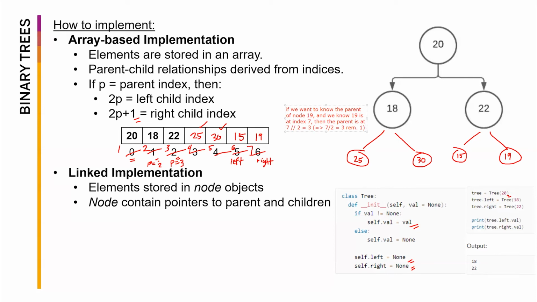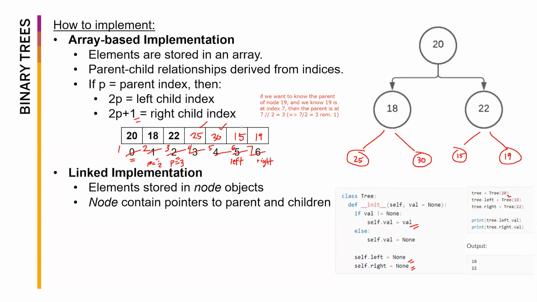So that means 7 integer division 2 is equal to 3. And to do integer division in Python, you just have to use a double slash. So it's easy to navigate where the parent node is and where the children nodes are.